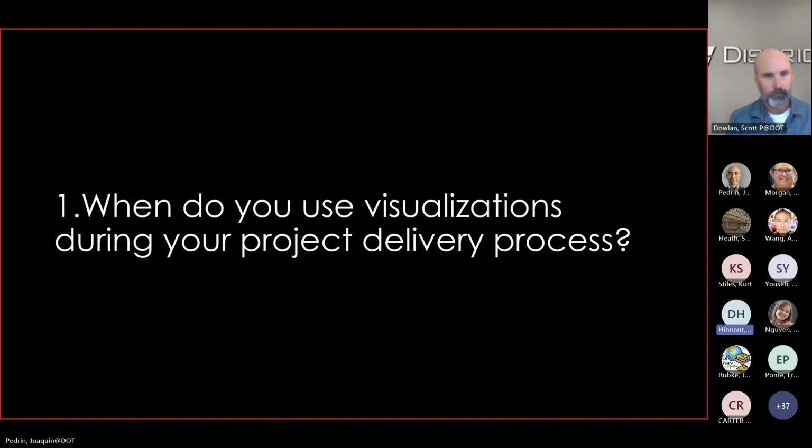Sometimes it happens that early, sometimes it doesn't. We very rarely do a visualization project where we don't have some sort of plan, whether it's a conceptual plan or multiple alternates. We don't very often have to create one out of thin air, which is good.